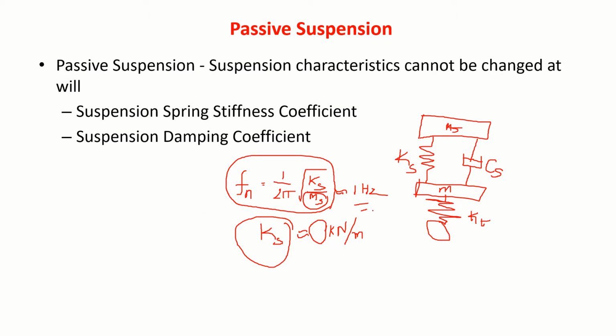So then the comfort levels will change. These are the kind of problem we will face with a fixed value of Ks. It is desirable, depending on the driving conditions, that if you can vary the value of Ks, we can achieve the required occupant comfort in a car.